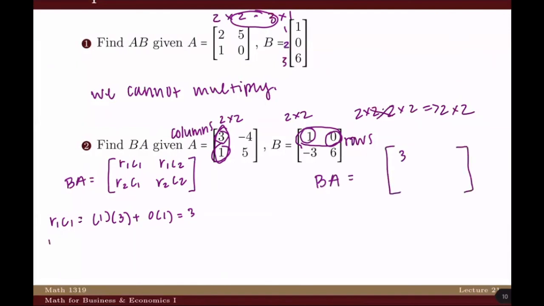Next, we want row 1, column 2. So again, my row 1 in the B matrix, and then my column 2 in the A matrix is here. So I'll have 1 times -4 plus 0 times 5. That's very nice that this 0 just keeps knocking stuff out for us. We just get -4.